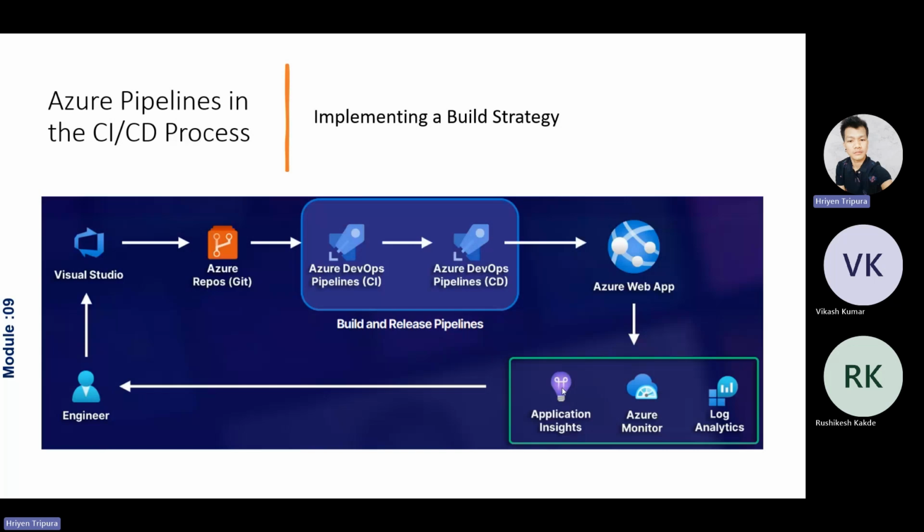Every single one can be monitored here using Application Insights. Azure Monitor is not like that, but it works in a similar way. Azure Monitor monitors based on what you configure. Let's say you want to configure some alerts, or CPU utilization or memory utilization, whatever you can configure.